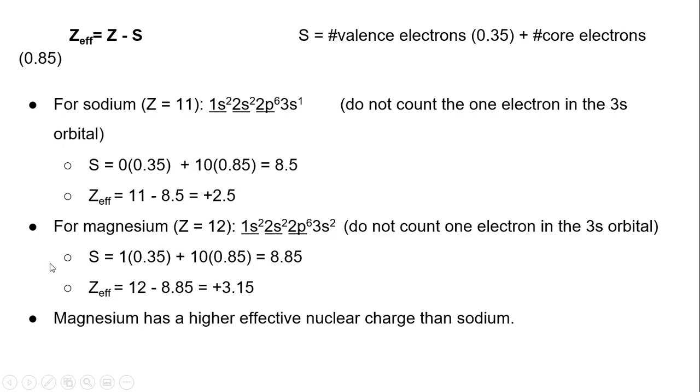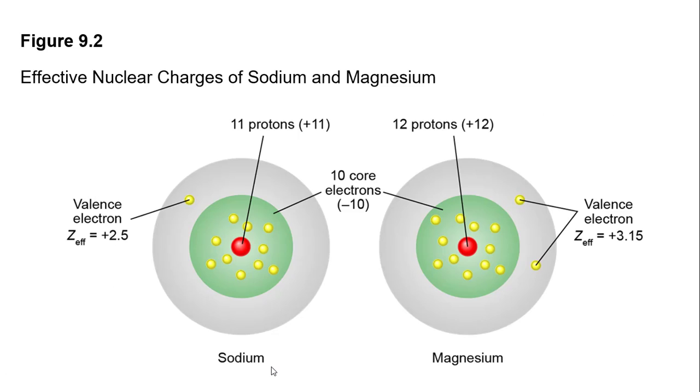So in this case, we do count 1 of the valence electrons because there's 2 of them. Multiply that by 0.35 plus 10 times 0.85 because there are 10 core electrons. And that gives us a number of 8.85, just a little bit more than sodium. Plug that in, and it gives us a plus 3.15. So magnesium has a higher effective nuclear charge than sodium.